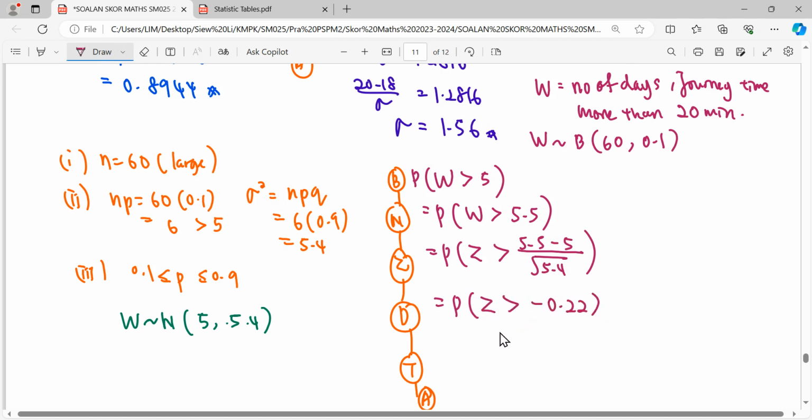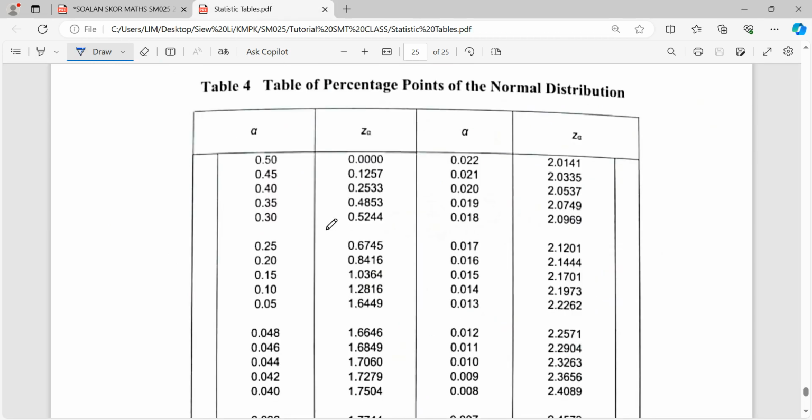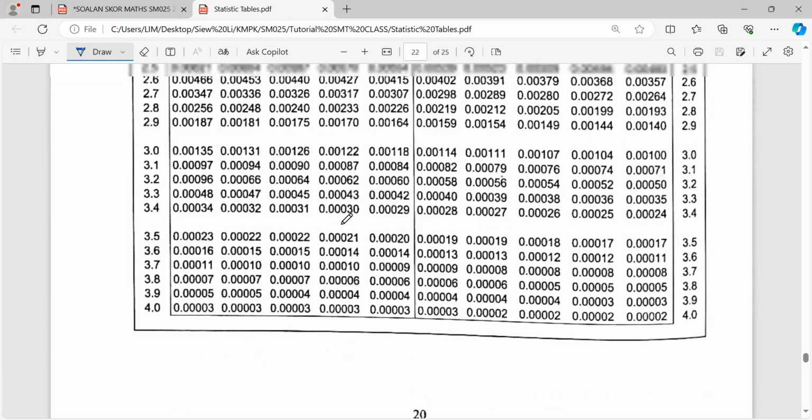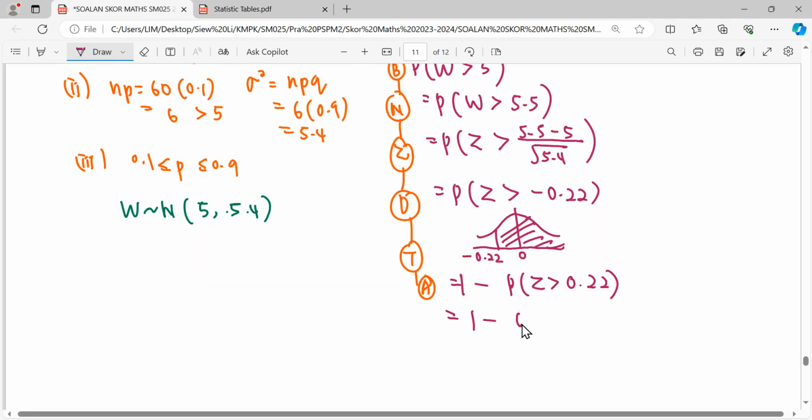So take our Z-score in 2 decimal, then negative at the left hand side, more than that. In order to find it from the table, we should take overall region 1 minus the left tail table. So the left tail table is also read as the right tail, 0.22. Then we read from the table, 0.22 gives us 0.4129.